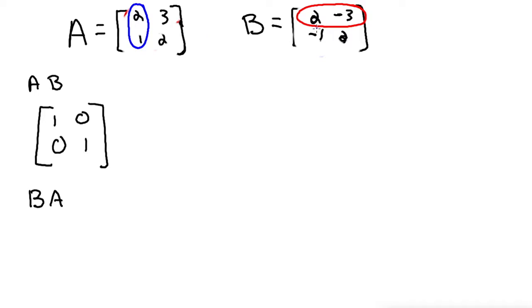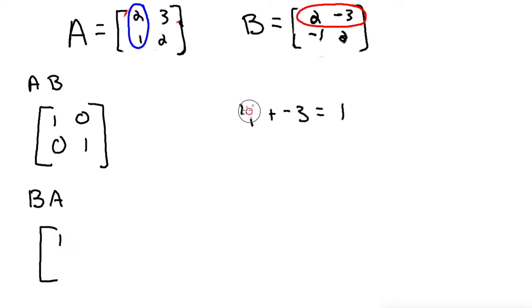So again, for this matrix, it's going to be 2 times 2 will be 4, and then we'll have -3 times 1, so we'll have plus -3, so we'll get a 1. So that matrix, the left and the top, will be a 1.